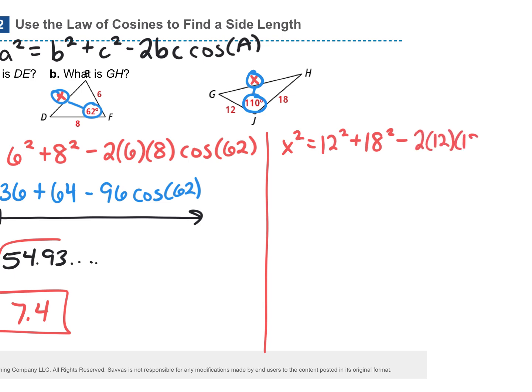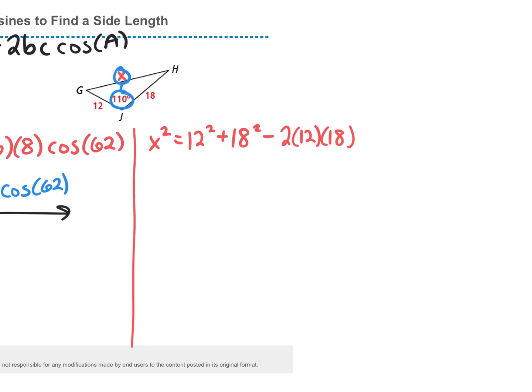2 times 12 times 18 times cosine 110. So this turns into x squared equals 12 squared, 144, plus 18 squared, 324. What do I do with these three terms right here? Multiply.